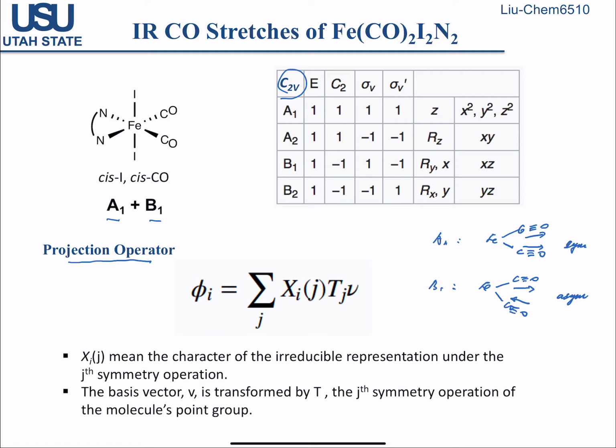So that's similar to water, but as a reminder, we can still use the projection operator to find out how each individual CO stretch contributes to the A1 mode and B1 mode. For example, for A1, if you start with this CO stretch and do E, it stays there.